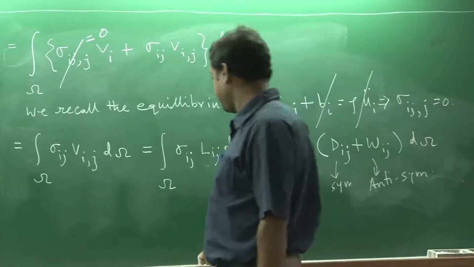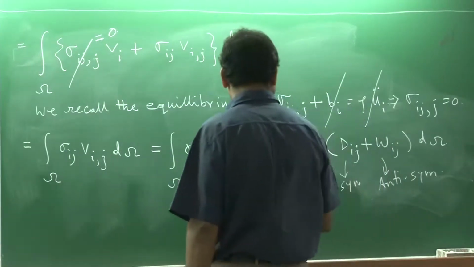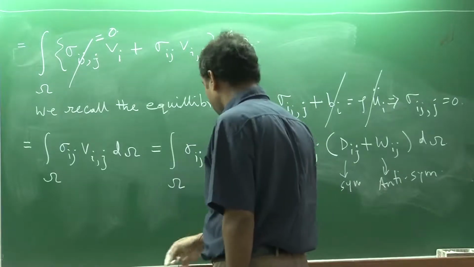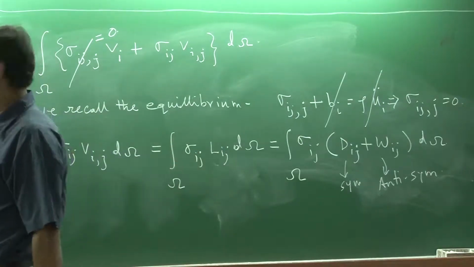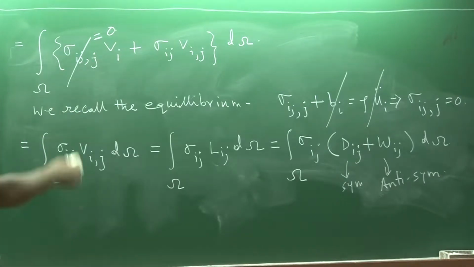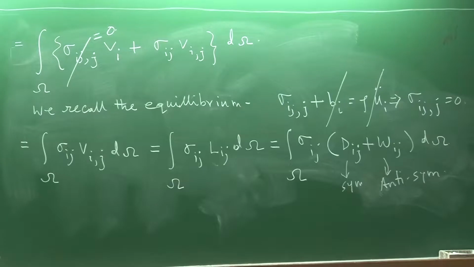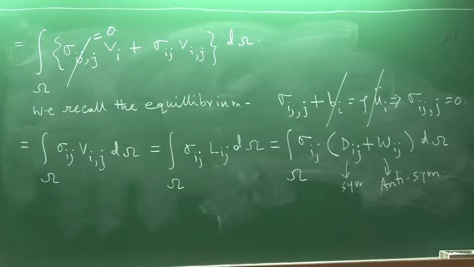Now, what you see that, what is sigma? So, there will be two terms. Please see this thing and try to understand what I am doing, why I am dropping this term from equilibrium, and that the velocity gradient we are decomposing into two parts. Now, I will rewrite this relation here.